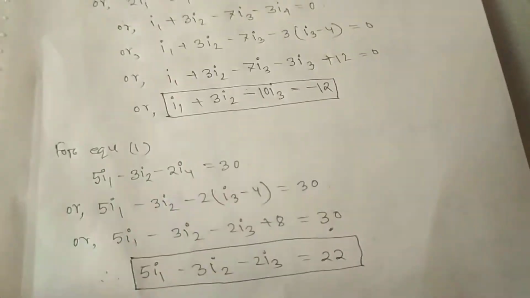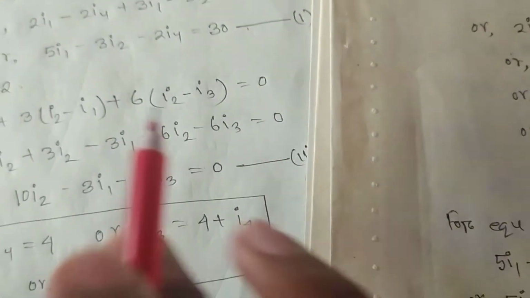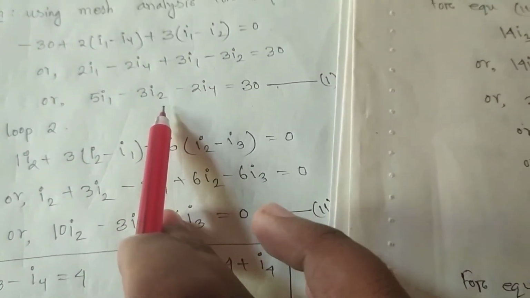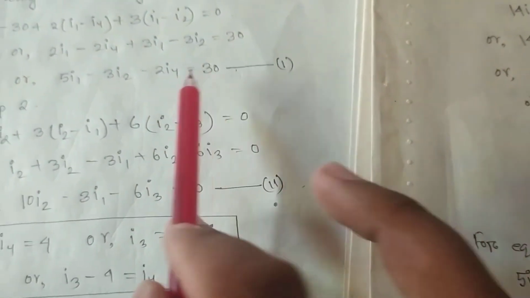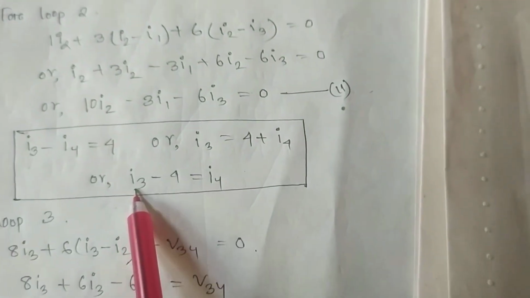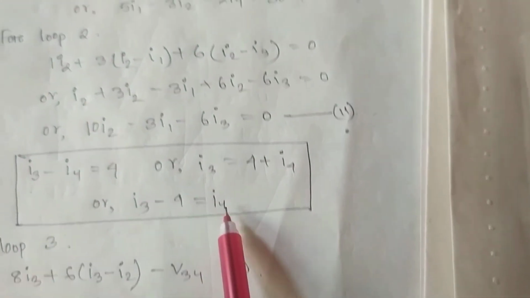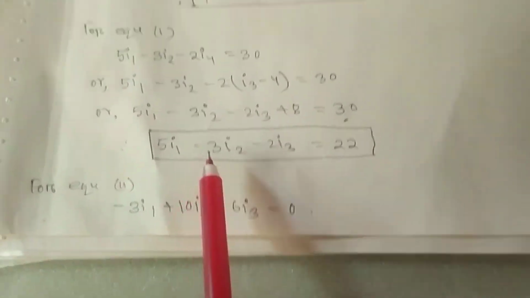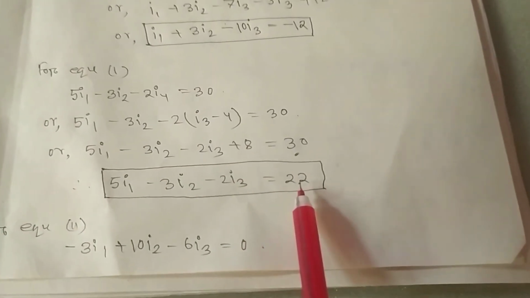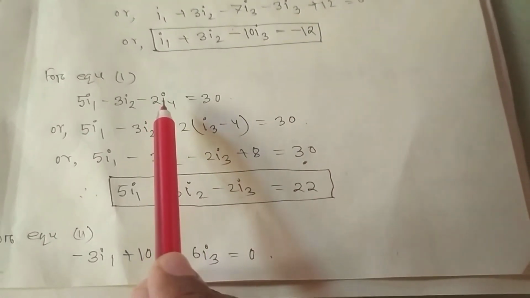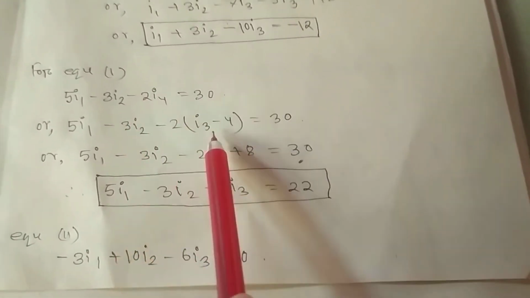For equation 1, 5 I1 minus 3 I2 minus 2 I4 equals 30. Substituting the I4 value, I3 minus 4, the result is 5 I1 minus 3 I2 minus 2 I3 equals 22.